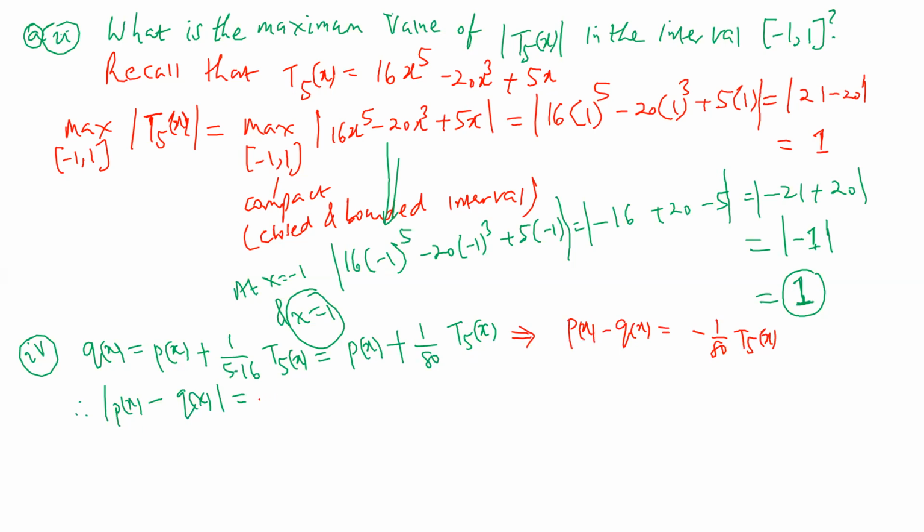You manipulate this and take it onto the other side of the equation, so it becomes negative. Then we take the modulus of the equation. So now we'd have the modulus of minus 1 over 80 P sub 5. The modulus of the 1 over 80 is positive. Then you have the modulus of T sub 5.